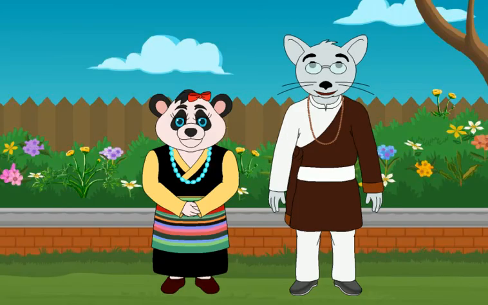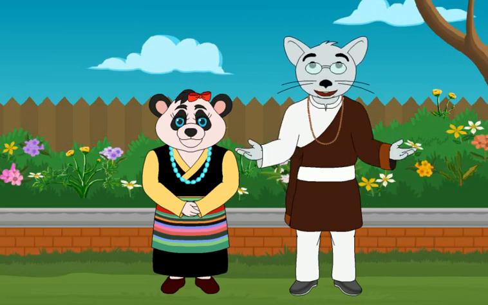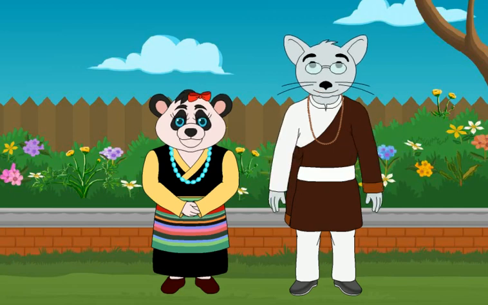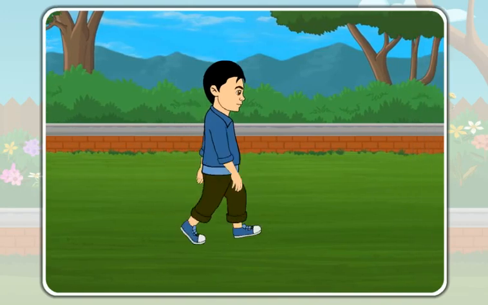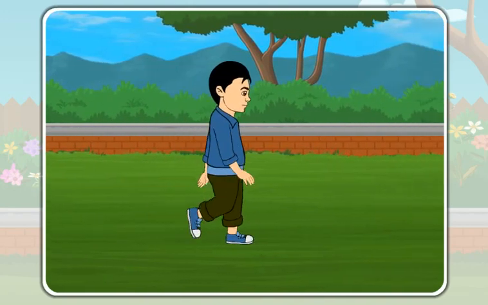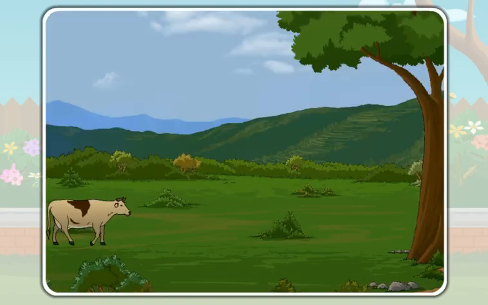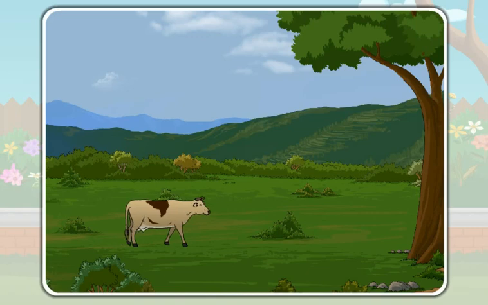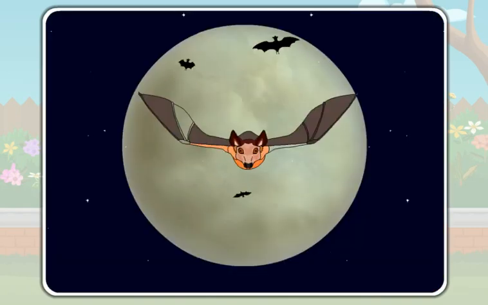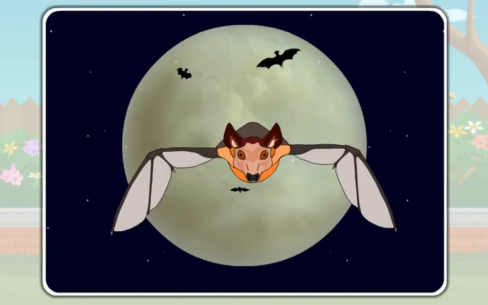Students, you all walk to move from one place to another. You walk with your legs to move, don't you? A cow also walks with its legs to move. A bat flies with its wings to move.